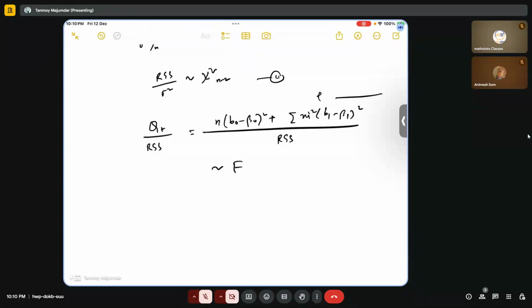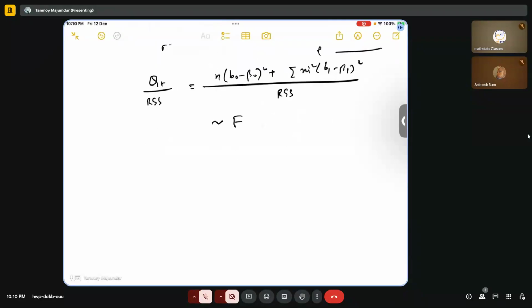So actually the confidence interval will be n minus 2 by n times QT by RSS, less than or equal to F with 2 comma n minus 2, since an F distribution has two degrees of freedom, with probability 1 minus alpha. So it is the confidence region or interval, we can say.